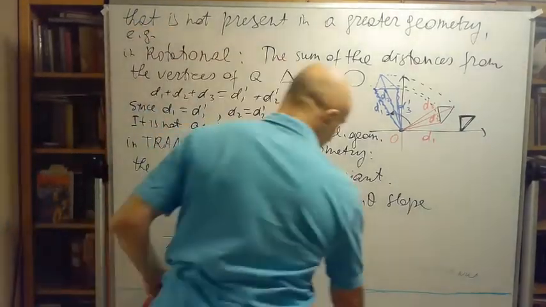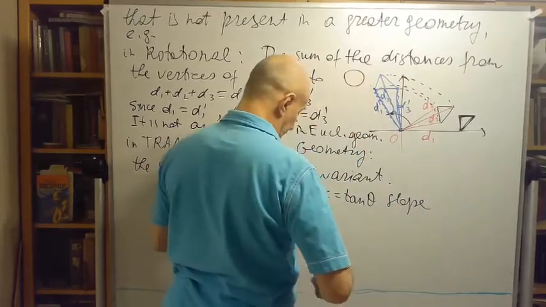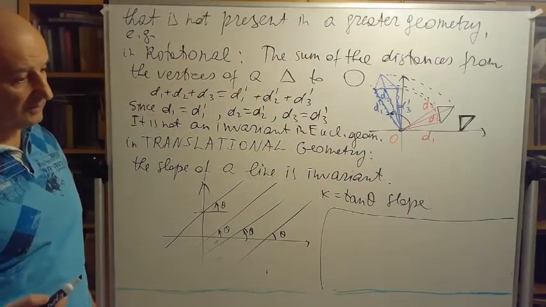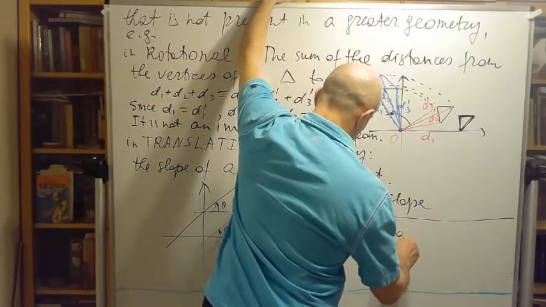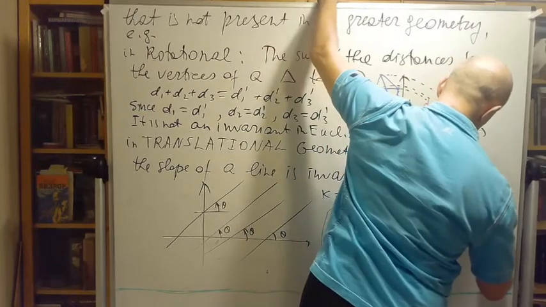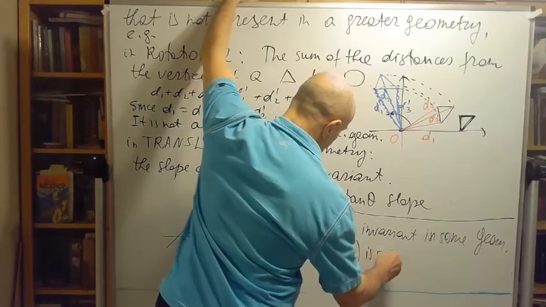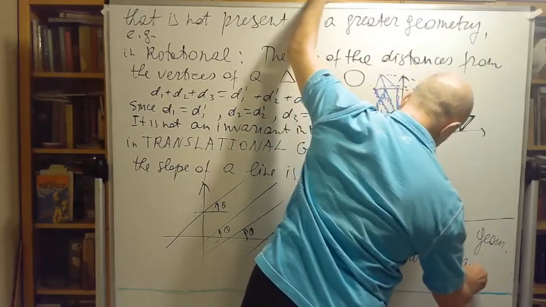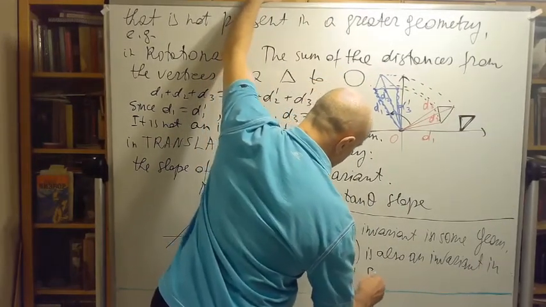However, what's important for us to understand is that, I remind you again a few more times maybe, whatever is invariant in the greater geometry G is also an invariant in its subgeometry.